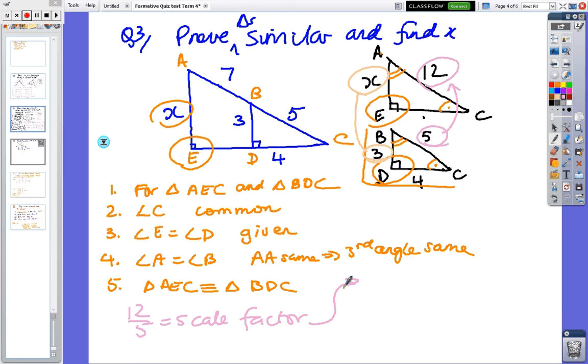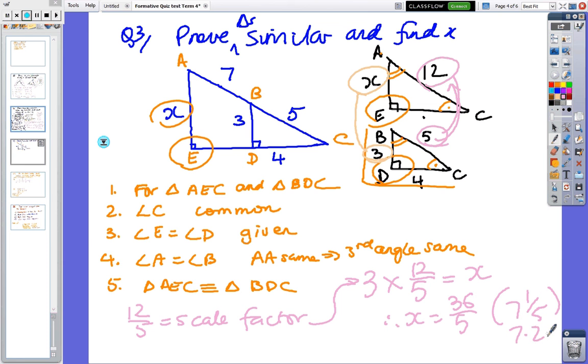Okay, so 5 is being multiplied to get up to 12, so 3 is being multiplied to get up to x, and so x is 36 on 5, or 7 1/5, or 7.2. Okay, so just keep looking how you're multiplying from the top to the bottom, or the bottom to the top. Okay, so hopefully you've got a good idea on that one, and let's move across.